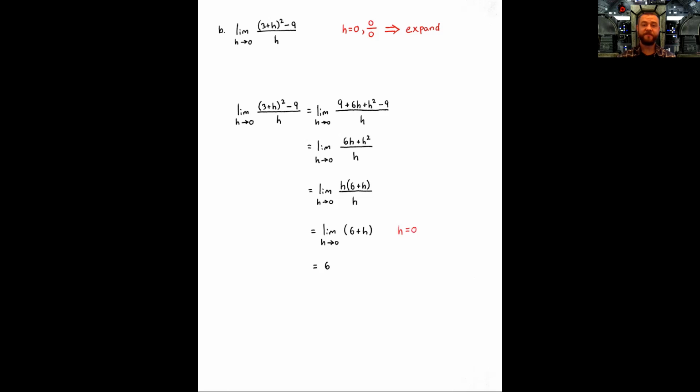But what we can do is factor an h out, and then you can see that the factor of h that we pulled out in the numerator cancels with the factor of h in the denominator, thus eliminating the indeterminate form. We have an equivalent expression for the limit as h approaches 0, 6 plus h. At that point, there's no more indeterminate form. We can just plug in h equals 0. So we get 6 for our limit.